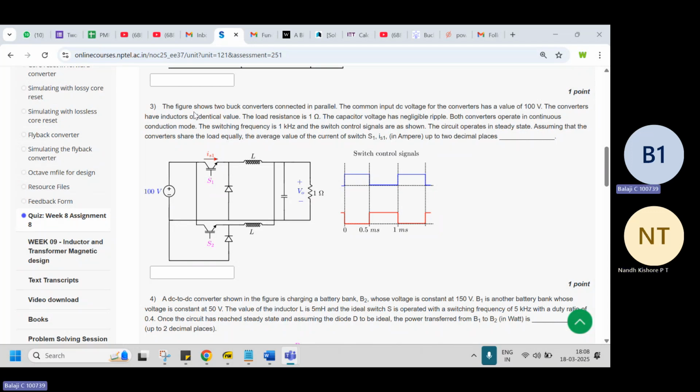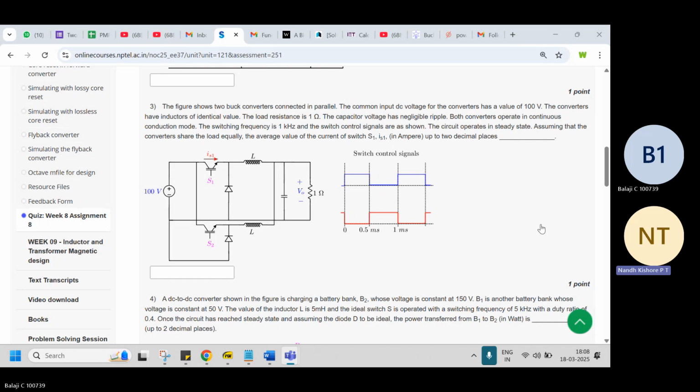The third problem: two converters are connected in parallel, with equal duty cycle, meaning 50% duty cycle, at 1 kilohertz switching frequency. The question asks for the average value of current through the switch to two decimal places. Just hang on a second, I'll read the problem.